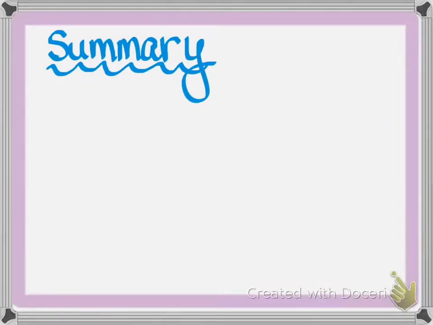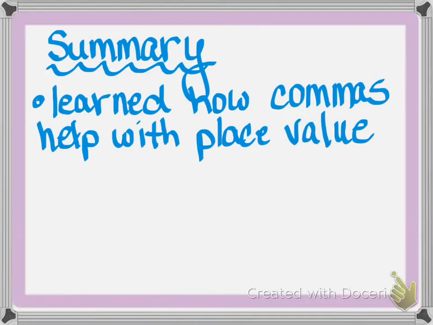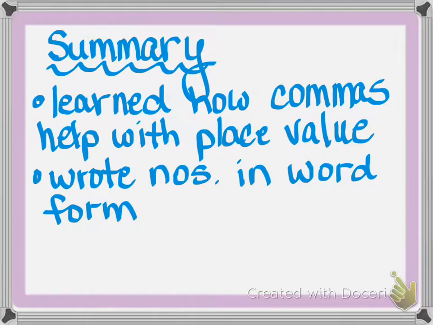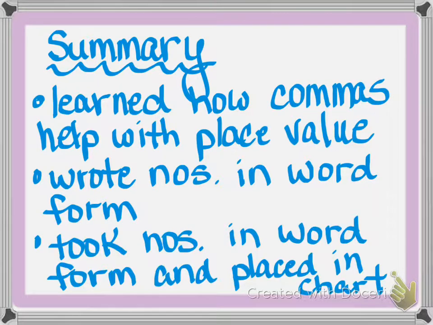Okay, to summarize what we've done today, we learned how commas help with place value. We wrote numbers in word form. And we took numbers in word form and we placed them in the place value chart.